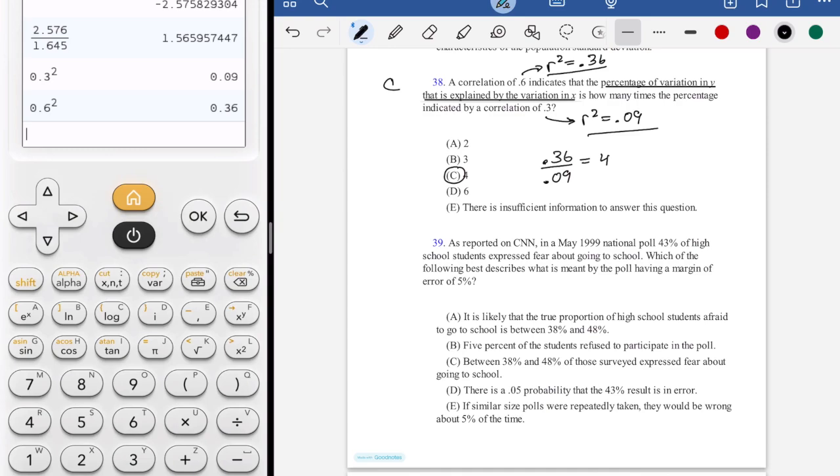All right, number 39. As reported on CNN, in a May 1999 national poll, 43% of high school students expressed fear about going to school. Which of the following best describes what is meant by the poll having a margin of error of 5%? Well, margin of error is really just your plus or minus. So it's the give or take value.